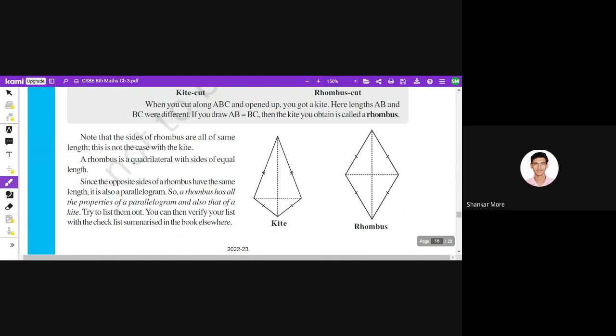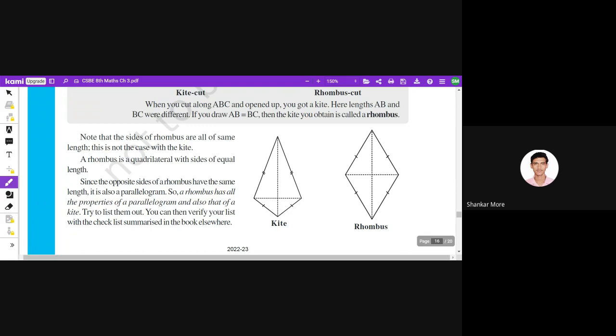The first one is a kite and the second one is a rhombus, right? So what is the major difference between these two figures? There are two differences actually, and there are two similarities as well.